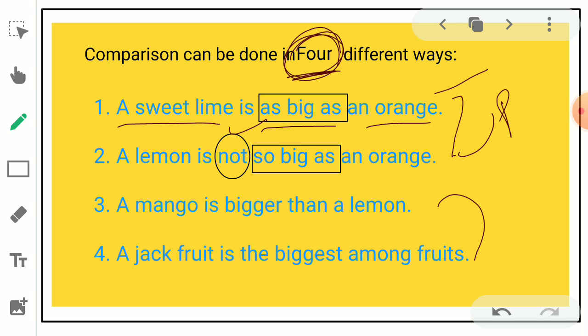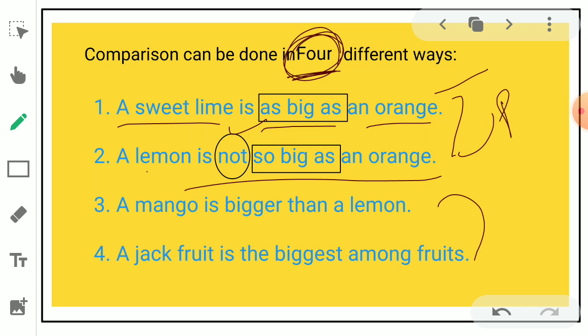Both the things compared are equal. A sweet lime is as big as an orange. The same concept is used again. Very next sentence, a lemon is not so big as an orange. In the second sentence it is not similar.